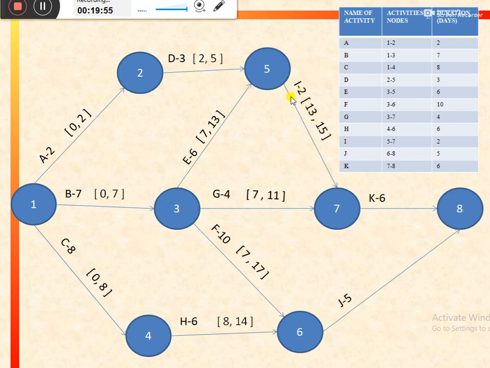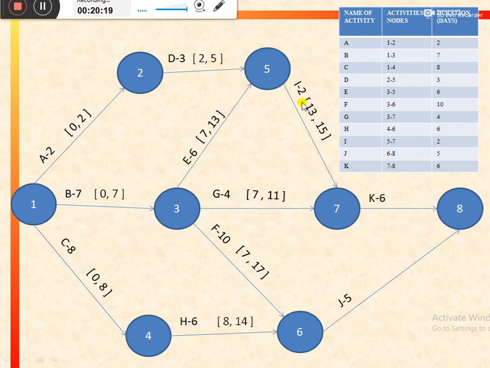So for activity I, the preceding activities are activity E and activity D. So now it is interesting to calculate the earliest start and earliest finish for activity I. Remember the rule of drawing a network that any activity can start only after completion of its former activities.